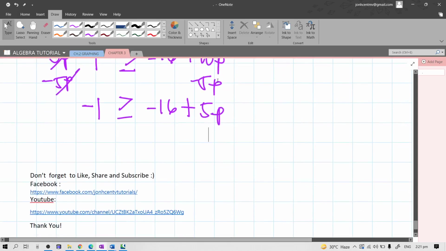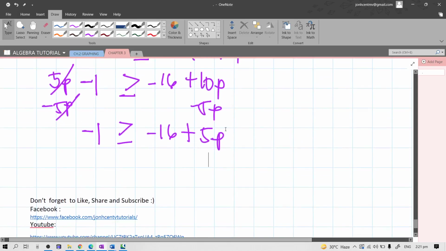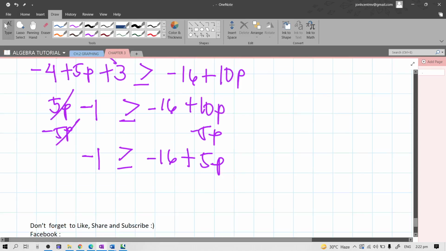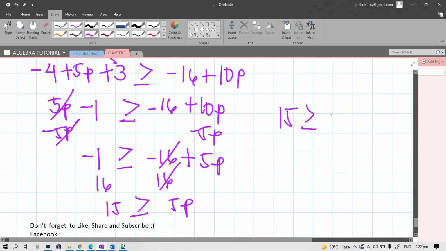Then, itira na lang natin si 5p dito. So, add ka ng 16. You will have 15 is greater than or equal to 5p. Divide both sides by 5. You will have p is greater than or equal to 3.